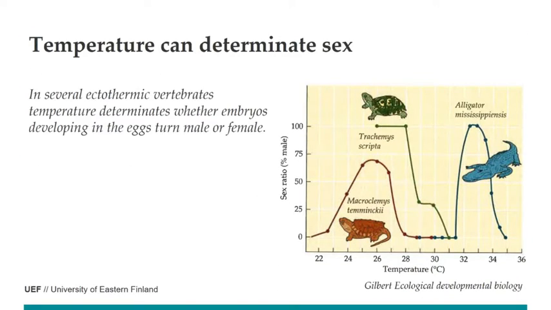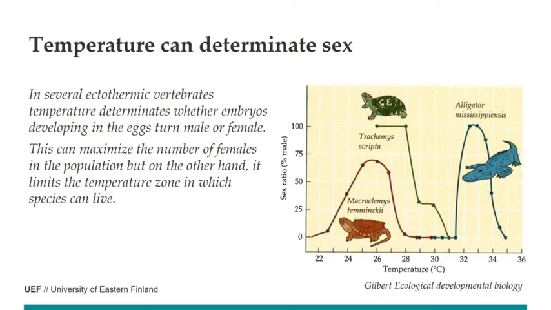In several ectothermic species, the temperature determines whether the embryos will turn male or female. Like in the Mississippi alligator, if the eggs are at 32 or 33 degrees Celsius, they all become males. If it's hotter or colder, they will become females.